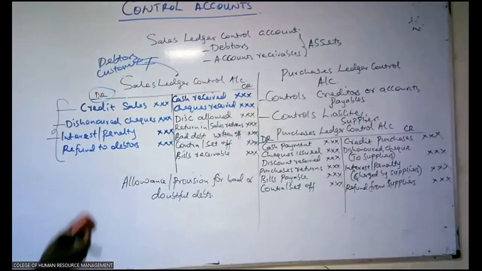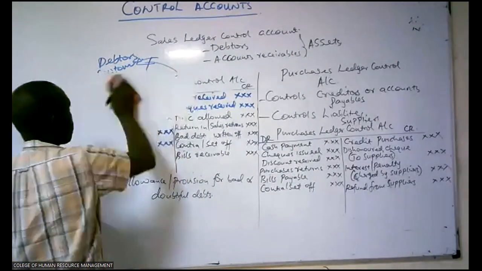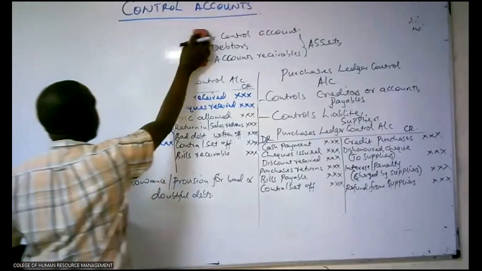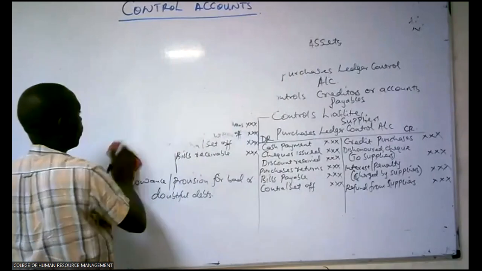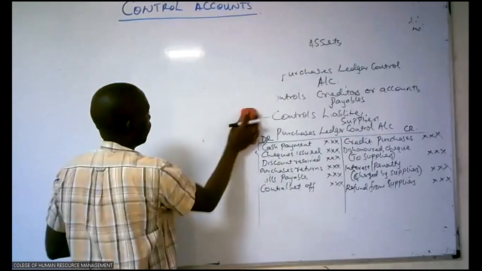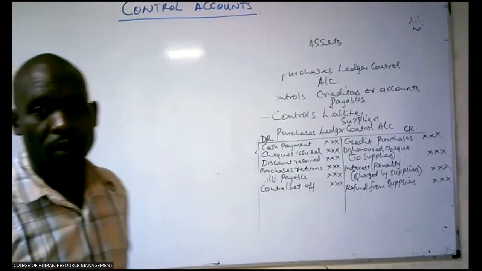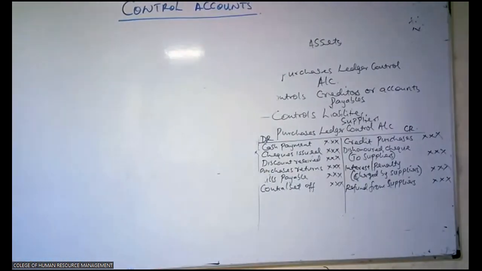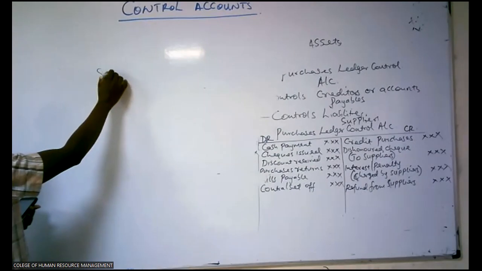Hope you have those formats down. When that question is given, it's better to have the two accounts so that you can do them simultaneously. So I just opened my two accounts for the sales ledger.